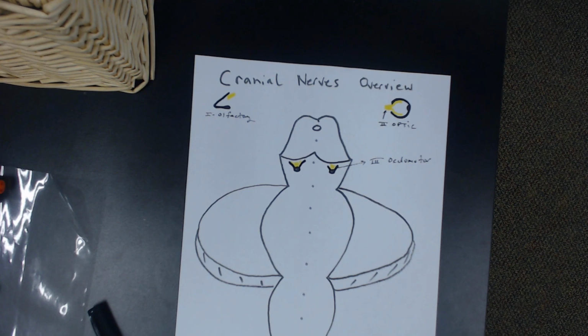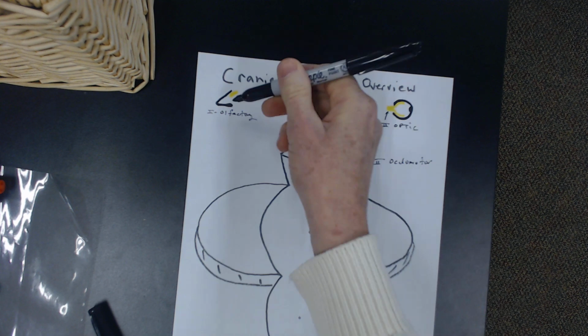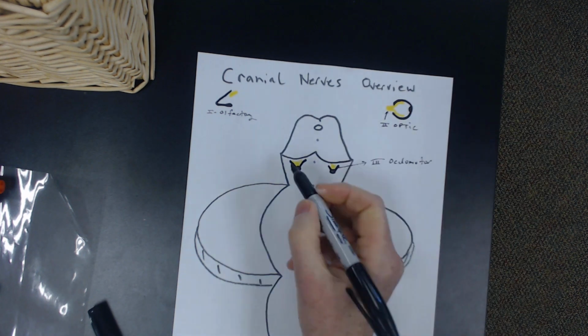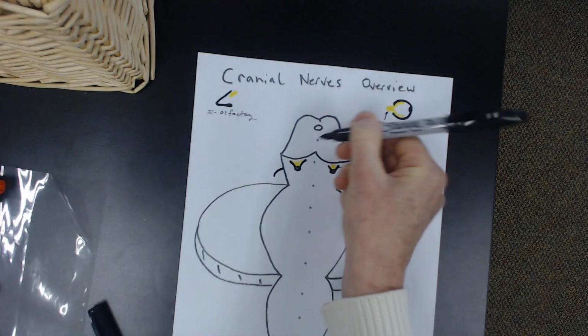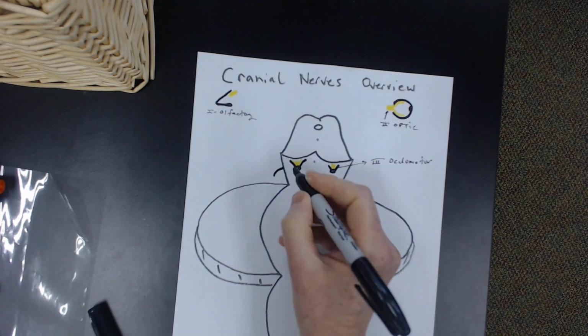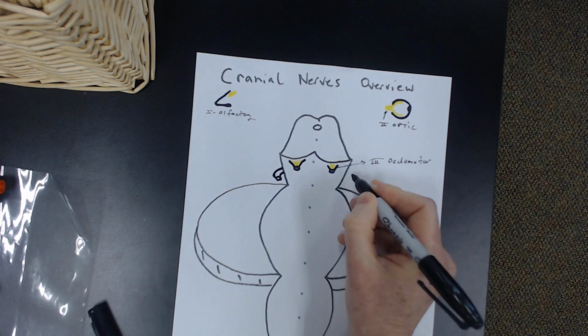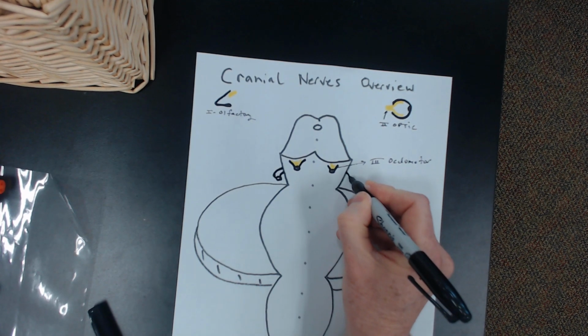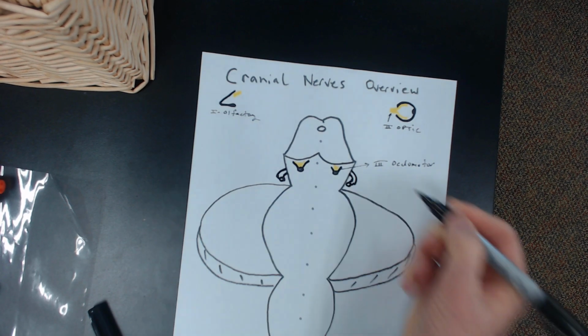Everything else is going to be exiting the brainstem ventrally. So they're actually in order, 1, 2, and there's number 3. Number 4 coming off here is going to come out the back, so it's coming out the dorsal end of the brainstem and then coming around to the front. That's just my way of saying it came out the back and eventually makes its way out to the front.